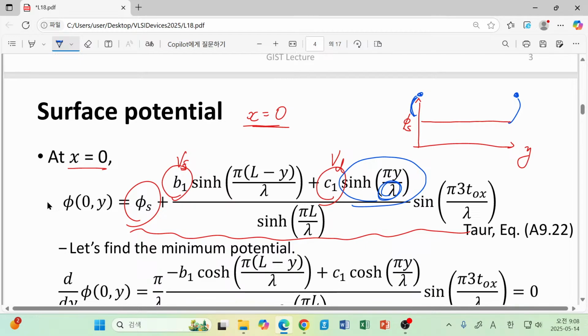If we go 1 lambda, 2 lambda, we can get quite a rapid decrease. Think about this one: hyperbolic sine, by its definition, is half of exponential x minus exponential minus x. If we insert 0 as the argument, we get just the number 0.